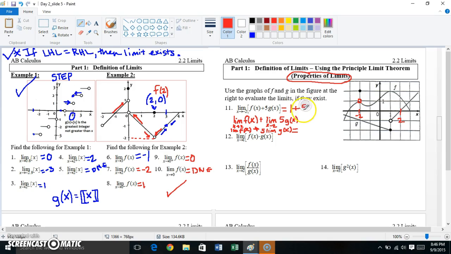Then I have plus 5 times, what's the limit of g of x as x approaches -2? From the left and from the right, we're approaching -1. All right, so I have 1 plus -5 or -4. Okay, I'm going to run out of time here, so I'm going to stop, try these other problems, and we'll come back and meet again.